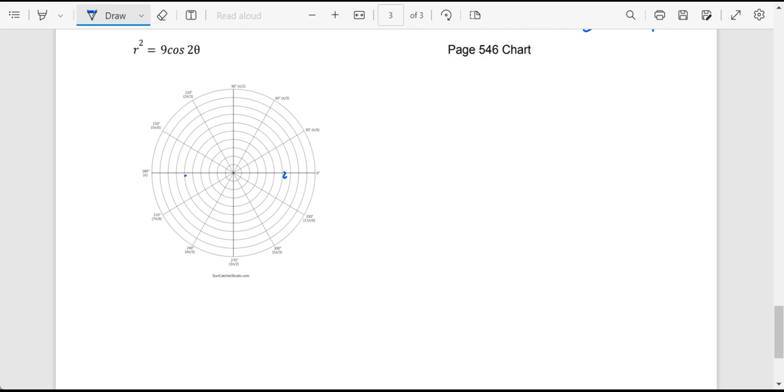Now I put in pi over 4. That'll get us 0, because cosine pi over 2 is 0, automatically making it 0. So how about in between? Pi over 6. That'll get us 9 over 2, right?